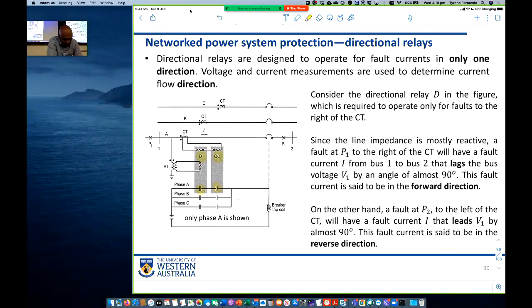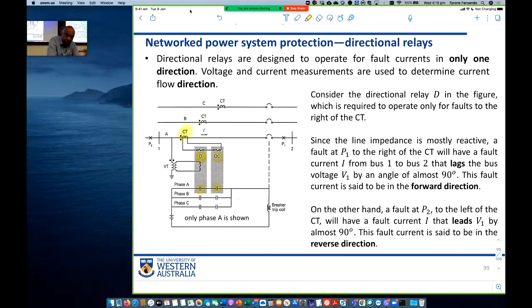So consider the directional relay D in the figure, the letter D, which is required to operate only for faults to the right of the current transformer. So the current needs to flow to the right of the current transformer.